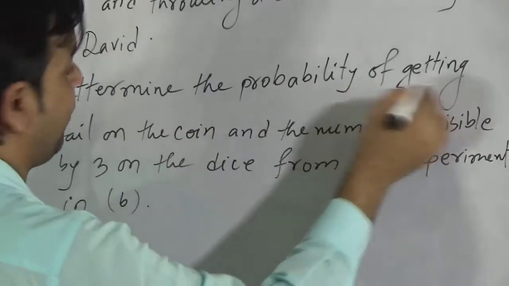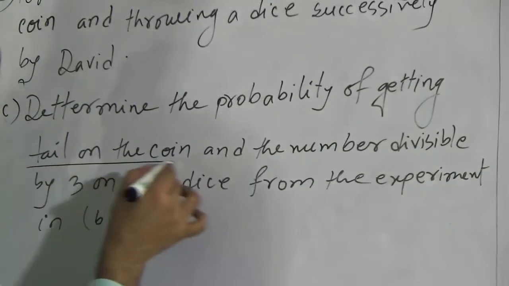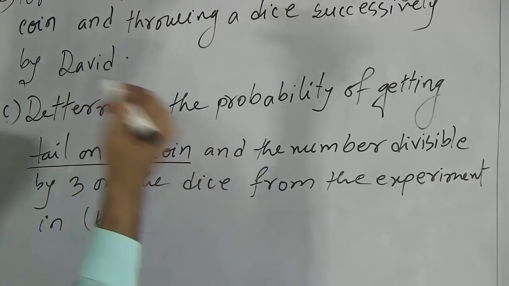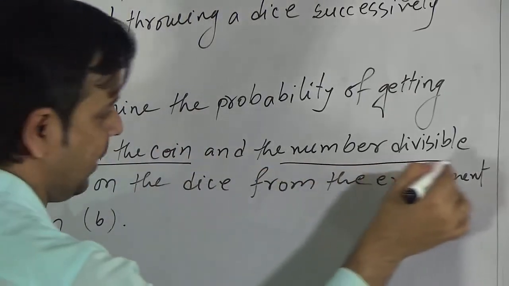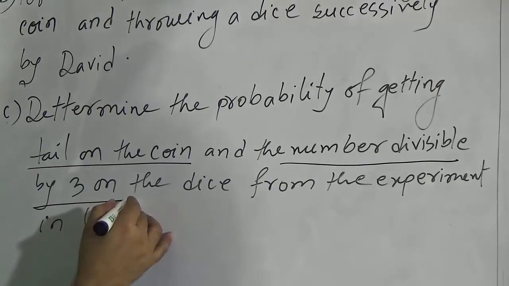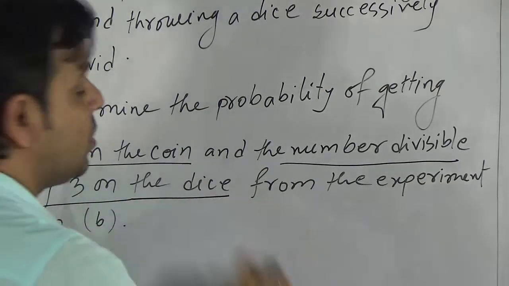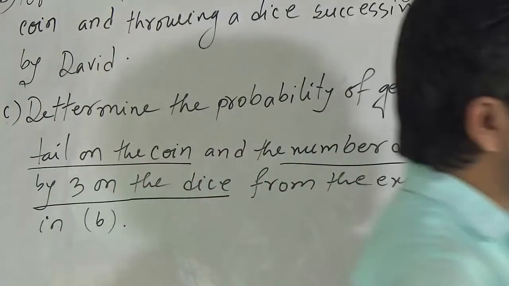Determine the probability of getting tail on the coin and the number divisible by 3 on the dice. We need tail on the coin and the number divisible by 3 on the dice. So, here see tail on the coin.